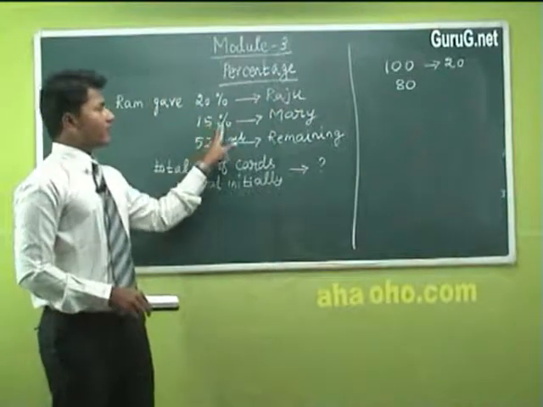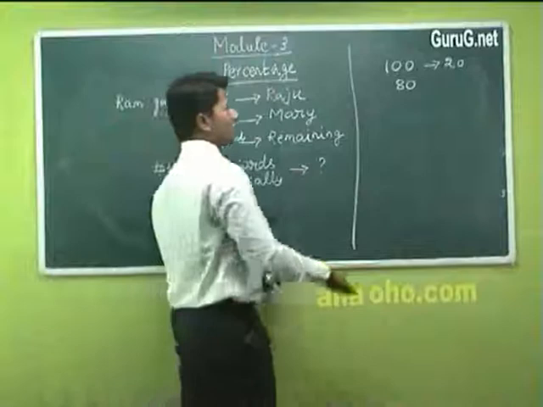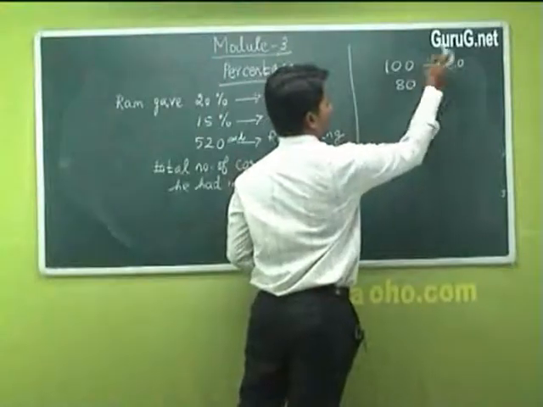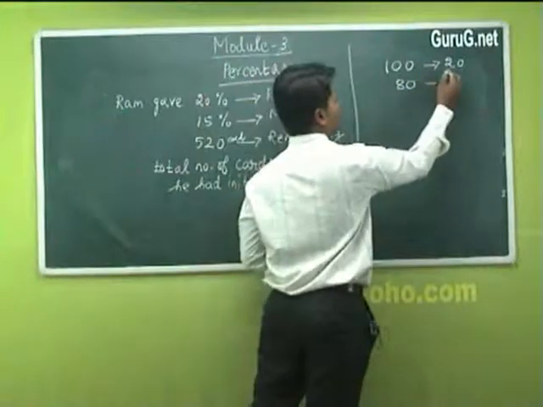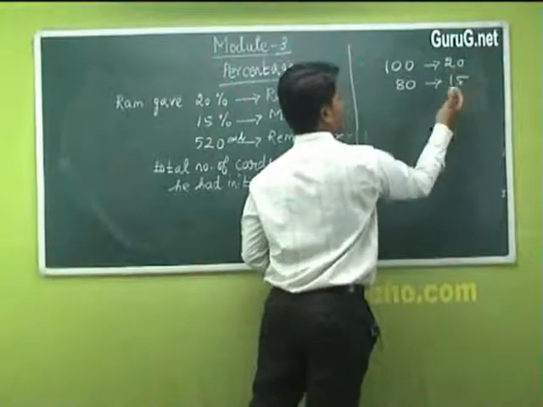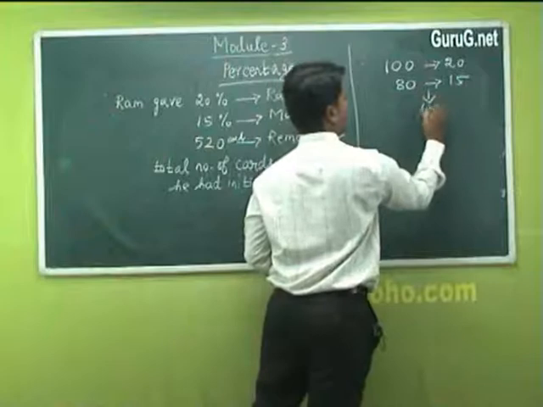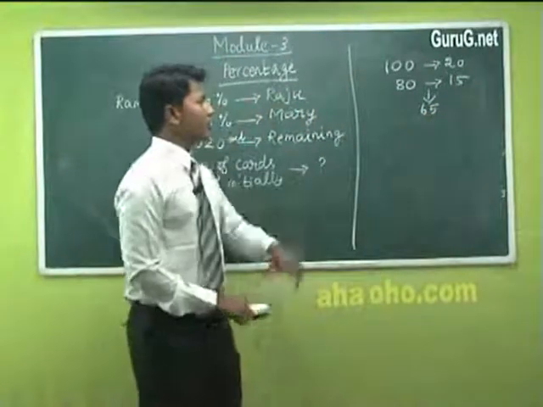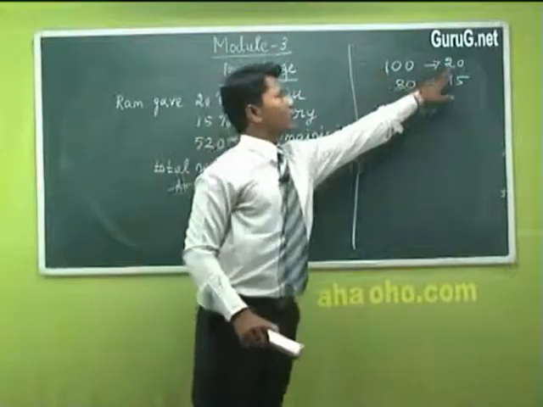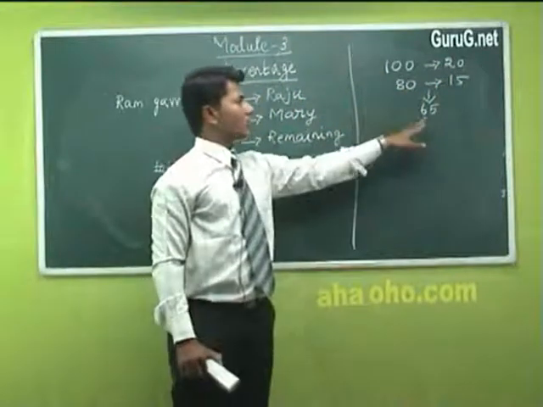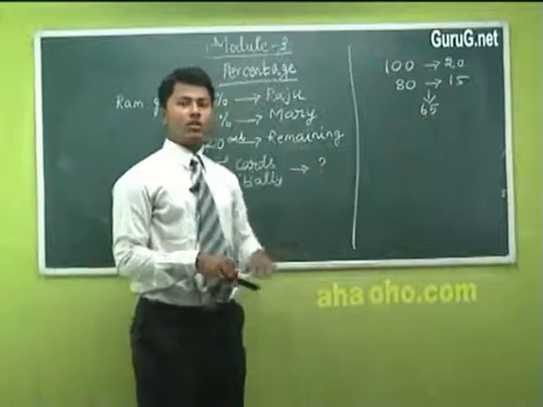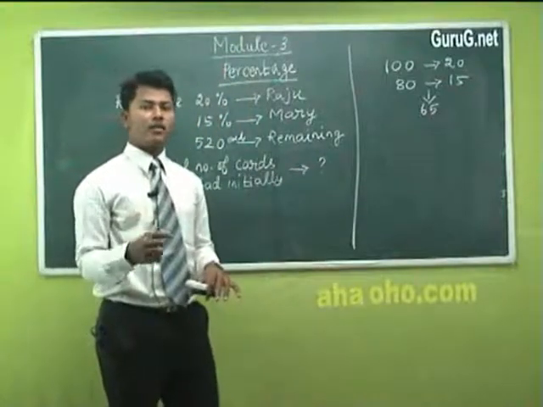Then you gave 15% to Mary. So from 100, in this case they are considering 15 from 100, so minus 15 cards. You will get 65 cards. So initially you had 100 cards, you gave 20 cards to Raju, 15 cards to Mary, so the remaining is 65 cards. So you must be having 65 cards in your hand.